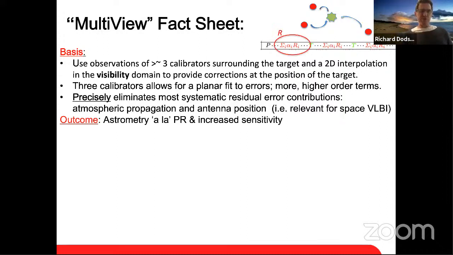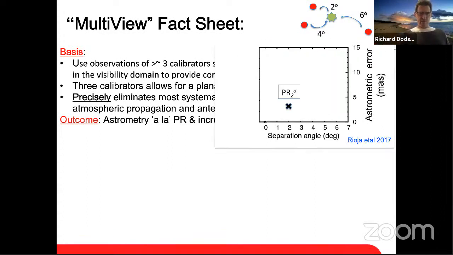This removes all the systematic residuals and antenna position residuals, which is relevant for space VLBI. And so it provides everything that astrometry and phase referencing has done previously.